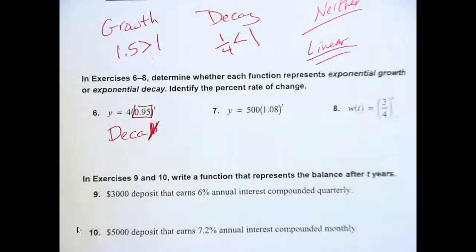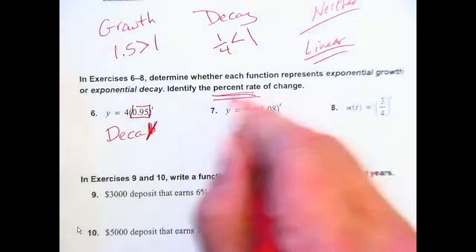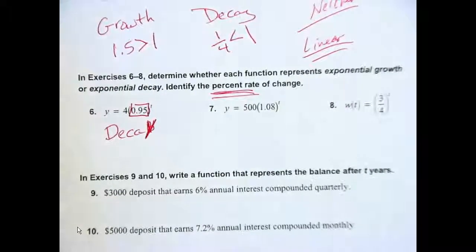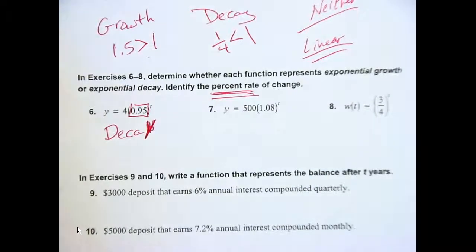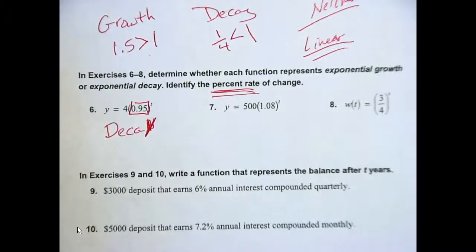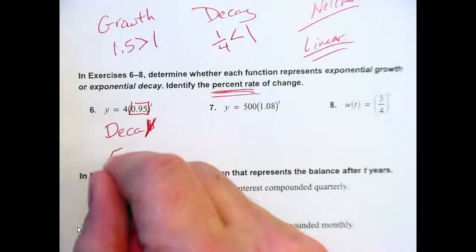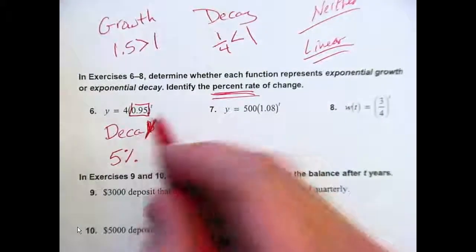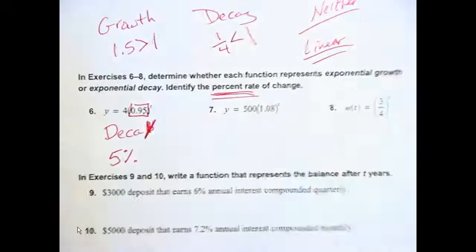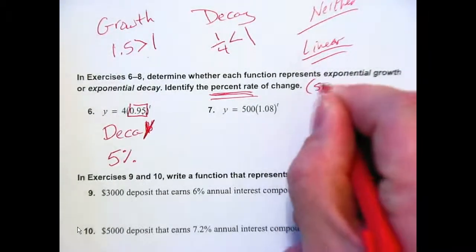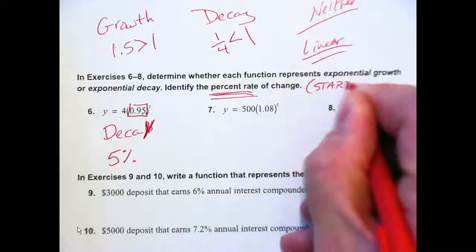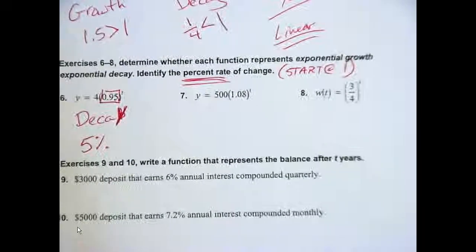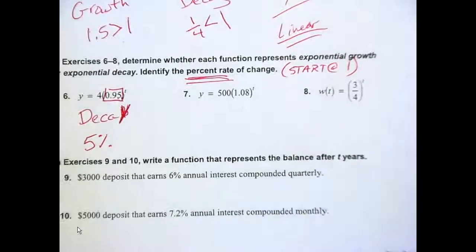We're dealing in percent. What percent did it go down? 5%. So the percent of change is 5%. It's not 95%. It's 5%. You always start at 1. So make a note to yourself. Start at 1. That will be a common mistake that many people make.